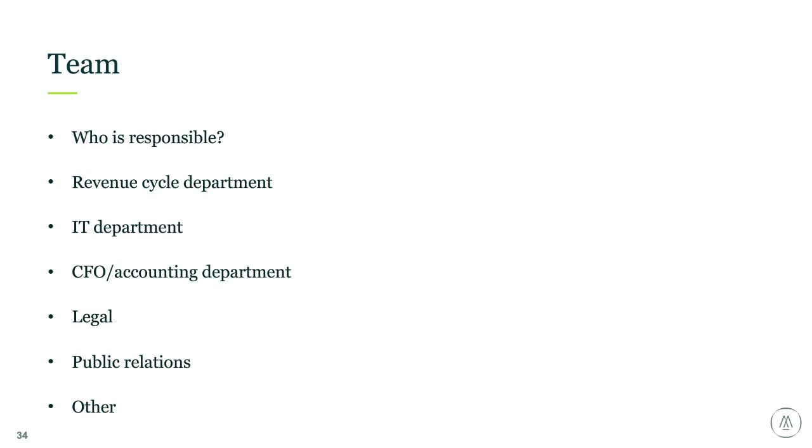And are they responsible for making sure that the links to the most recent documents are working, for example? 990 preparation usually involves the finance and accounting department. So obviously, your CFO and finance and accounting will be involved for sure. And legal will also likely be involved from a compliance and an ongoing monitoring standpoint.